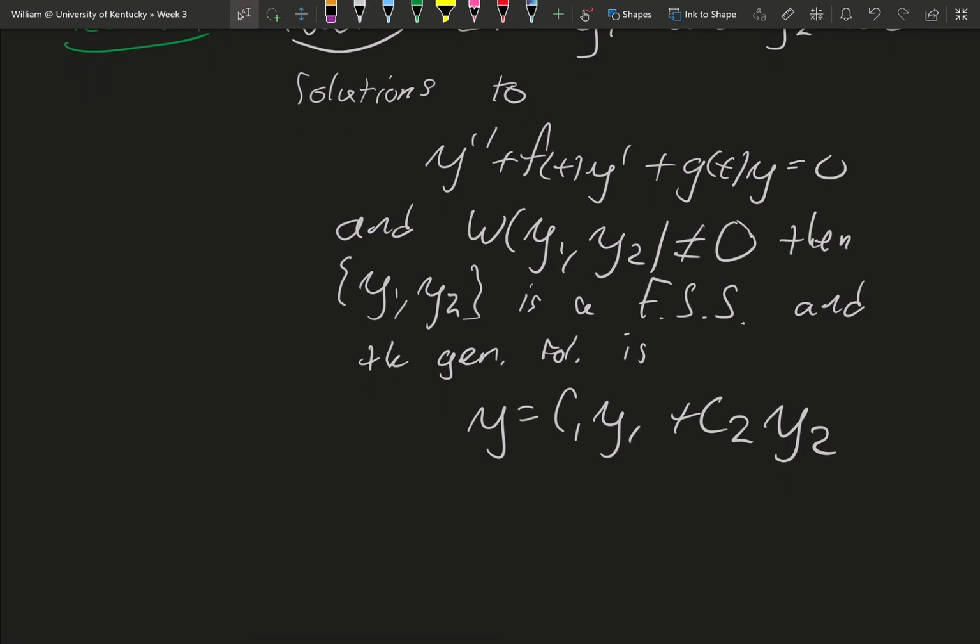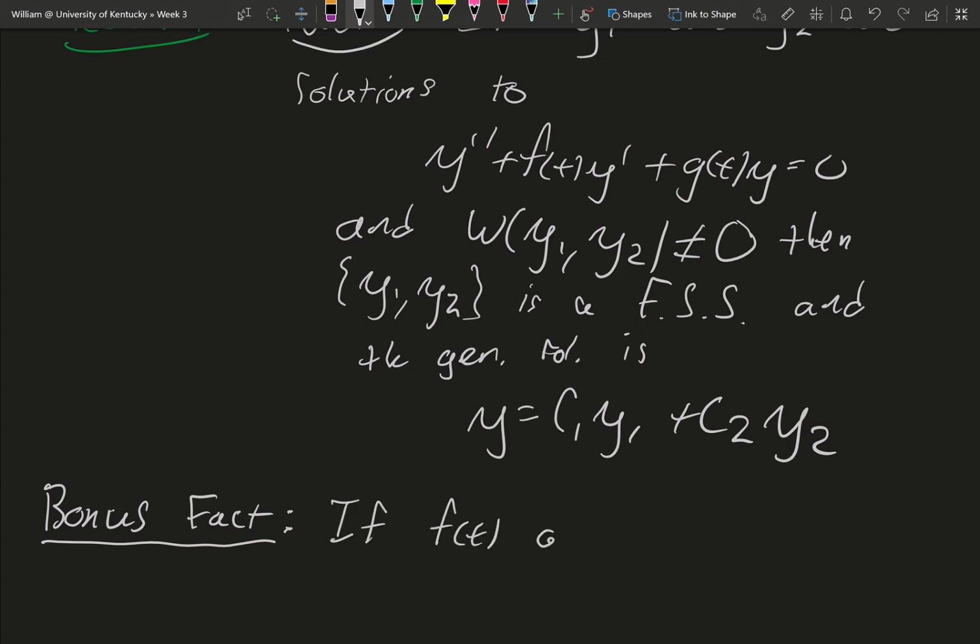To add a little extra bonus fact onto that, let's say that f and g are both continuous on the interval (a, b). So they're defined, we're not dividing by 0 or anything like that, for all values in between some a and b.